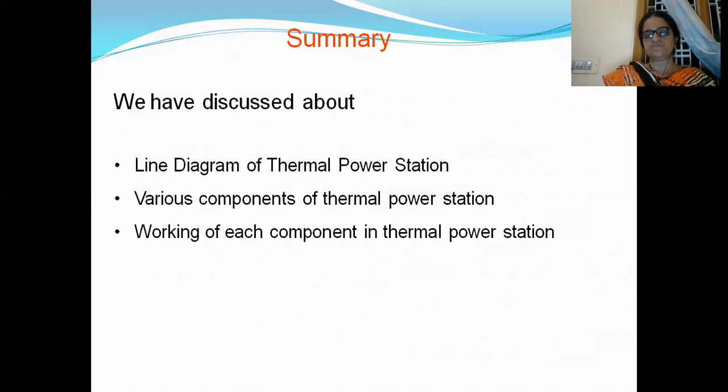I have covered all the parts: the working, the principle of working, the operation, and what conditions are required where a thermal power plant should be installed. Everything regarding the thermal power station, along with the line diagram and explanation of each part, has been completed.